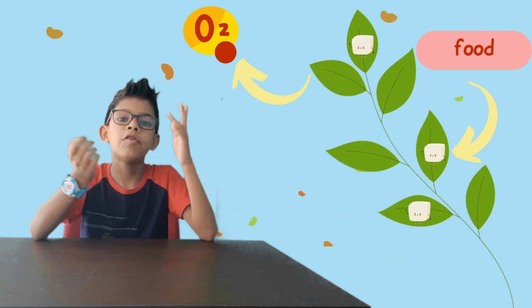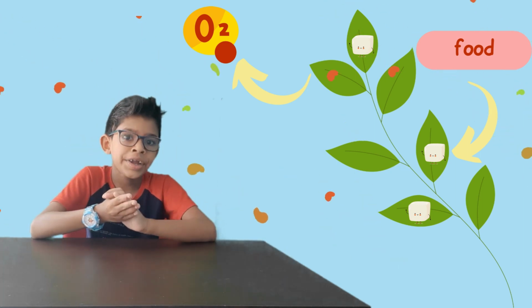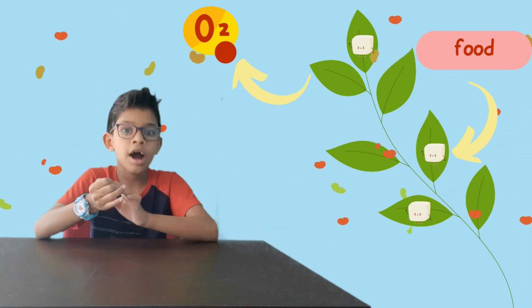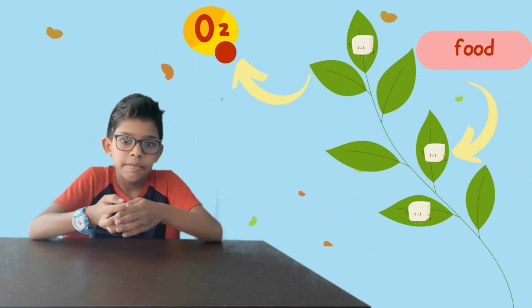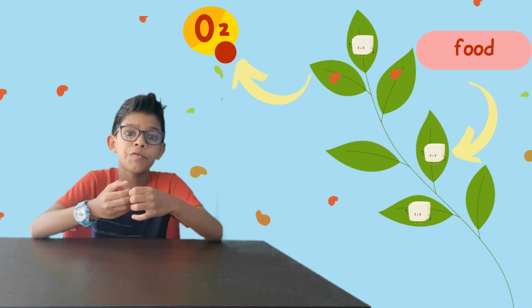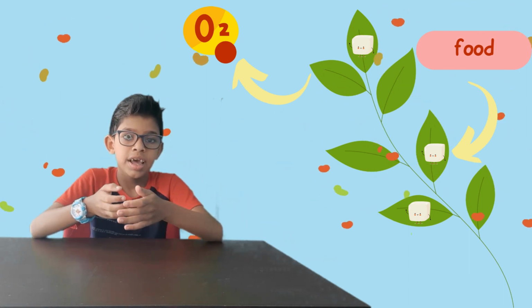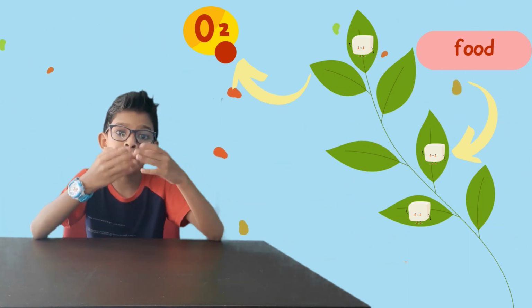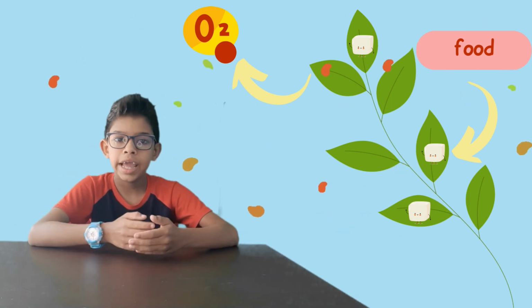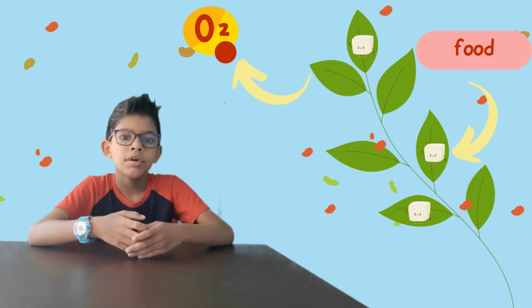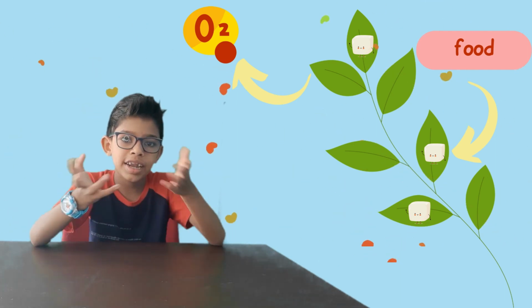Now, the leaf has already got sunlight, water, and air to make food. Do you know how they make it? There is a factory called chloroplast, and inside there is a pigment called chlorophyll. With the help of all these, the food is made inside the leaf.